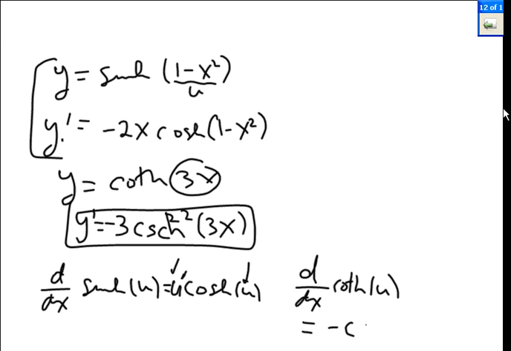Other than having to memorize all of these formulas, all we're doing is taking derivatives of polynomials. What's the derivative of 3x? That wasn't hard. The answer is negative csch squared of u, where u happens to be 3x, and the derivative of u is 3.